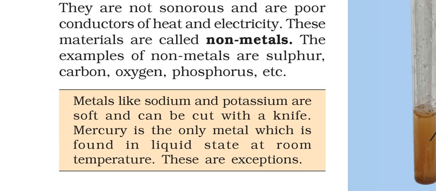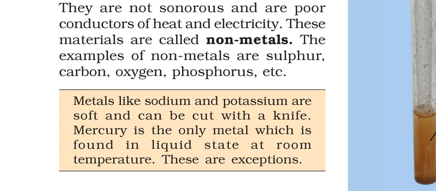Metals like sodium and potassium are soft. We learned that metals like iron, copper or zinc are very hard, right? But metals like sodium and potassium are so soft that they can be cut with a knife. And mercury is a metal; I told you that metals, because of their rigid structure, are generally solid in nature.